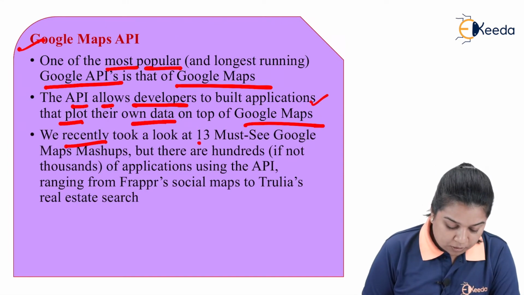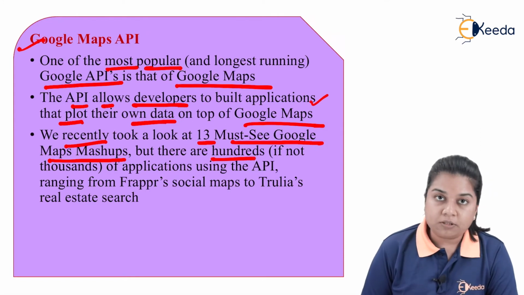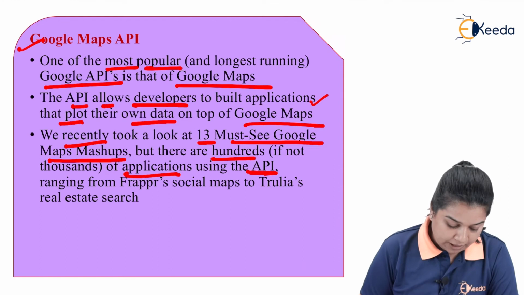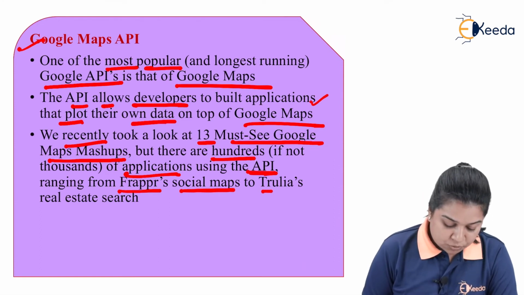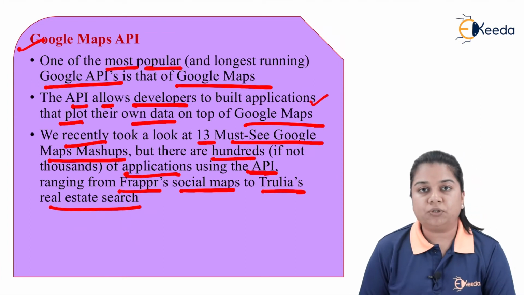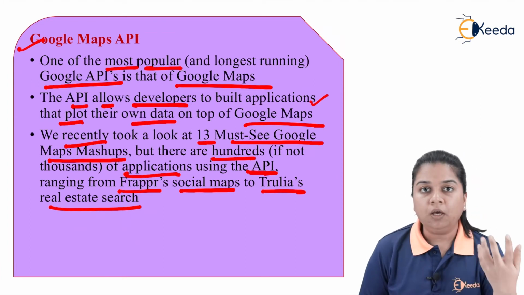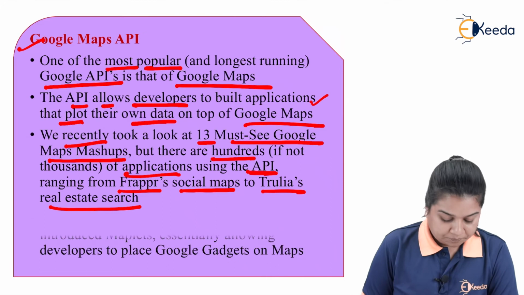We recently took a look at 13 must-see Google Maps mashups, but there are hundreds, if not thousands, of applications using the API, ranging from Frapper's social maps to Trulia's real estate search. These are data based on US research.